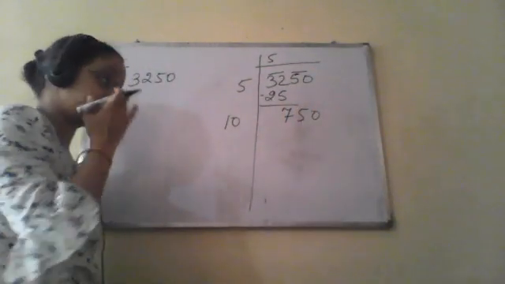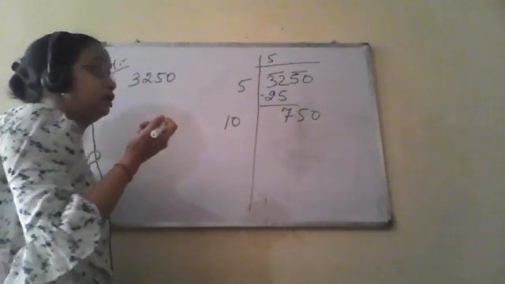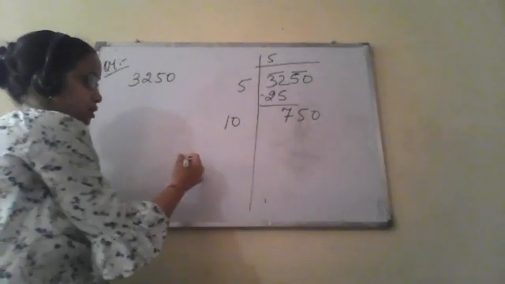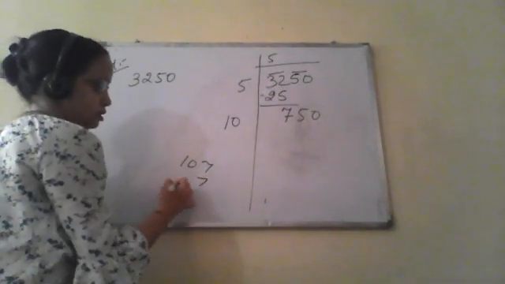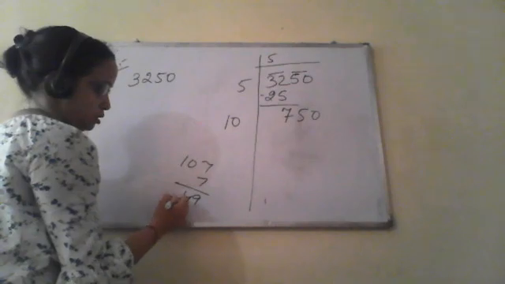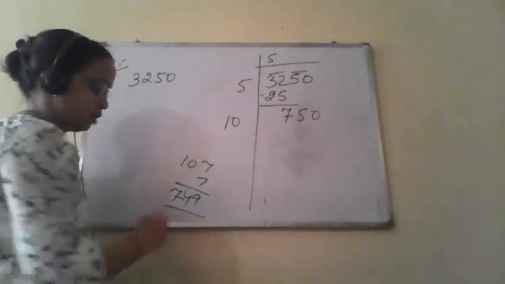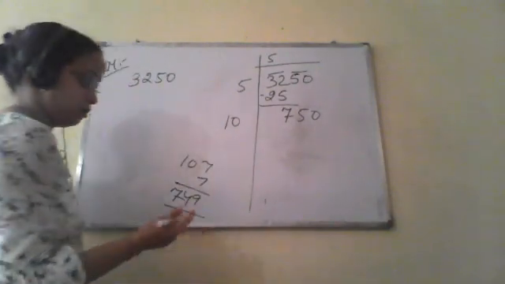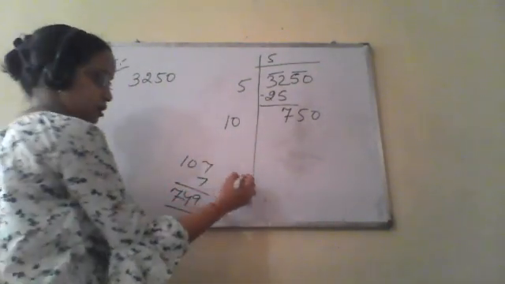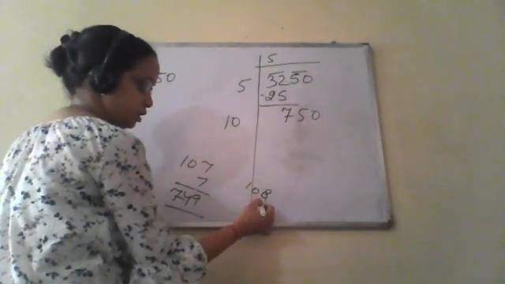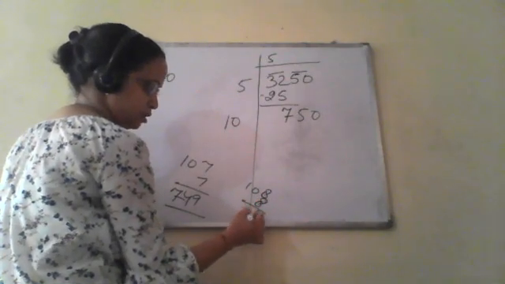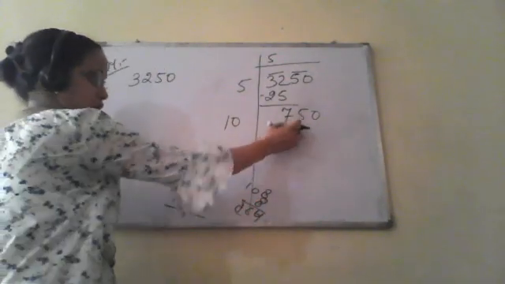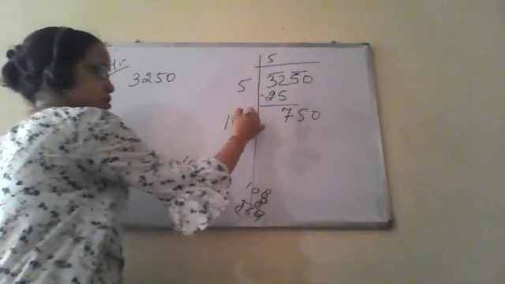Now think of a number. It is 107 times 7, which is 749. We cannot go for 108 because that number will be far greater. If you see, 108 times 8 will be 864, which is greater than this. So we will go with 7.